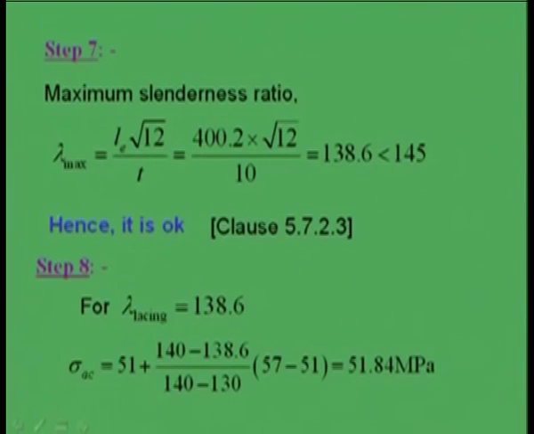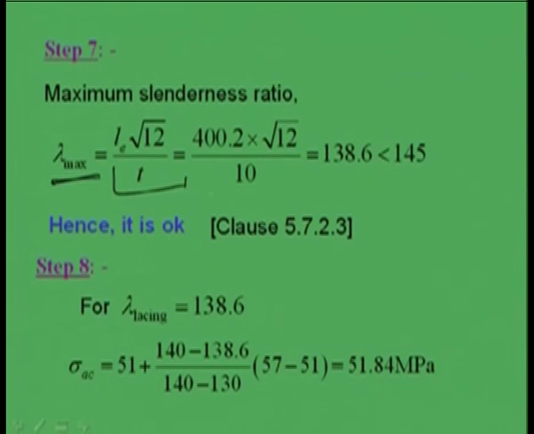Next, we have to check the maximum slenderness ratio. Maximum slenderness ratio for the rectangular bar, as we have seen in the earlier equation, will become finally LE root over 12 by T. For other types of section shape, suppose angle section or some other section used as a lacing bar, then we have to find lambda max from the equation LE by R, where R is given in the table.